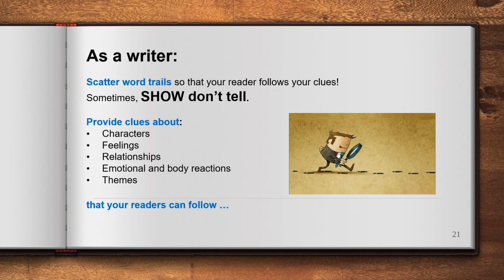So there's a lot of scattering of clues in good writing. And so remember that you can scatter these clues to show us about your character, about how they're feeling, about relationships, about emotions and bodily reactions and themes. And all of these clues that you scatter will make for really good writing.